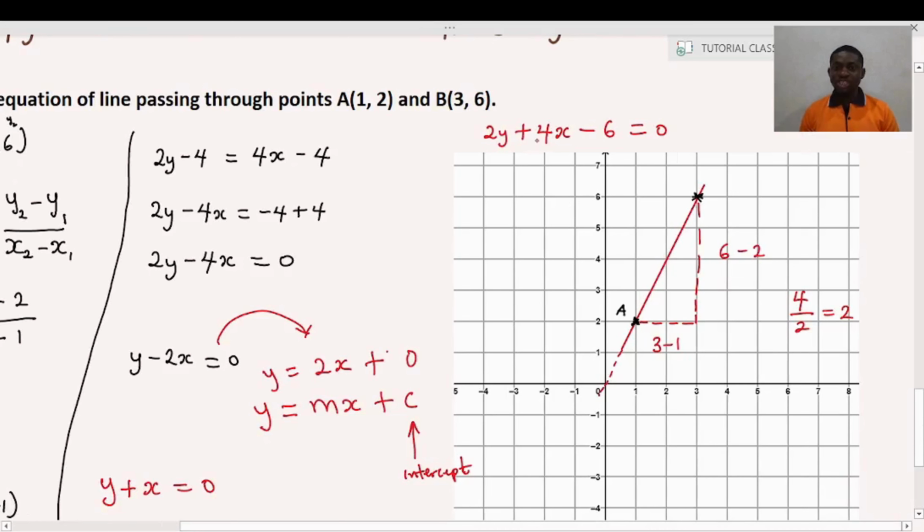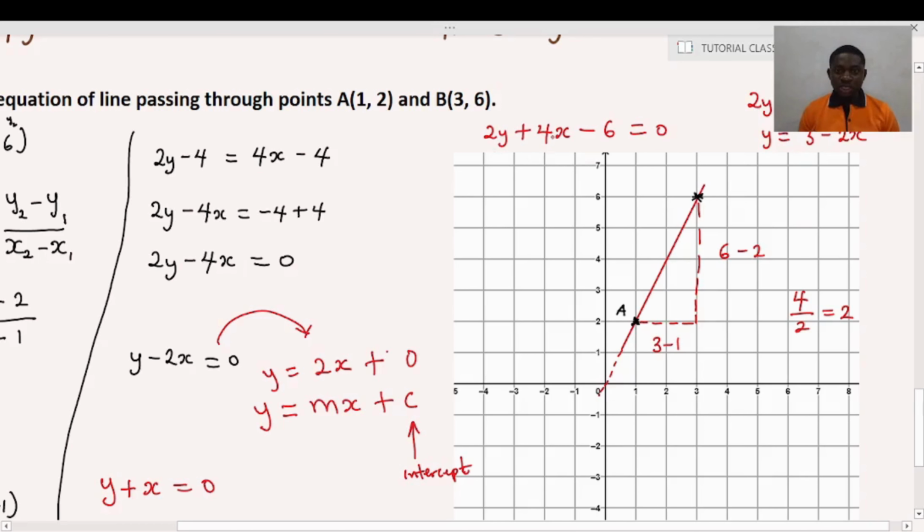What you need to do is make y the subject of the formula from this. So it becomes 2y equals 6 minus 4x. Divide through by the coefficient of y here, which is 2. You have y is equals to 3 minus 2x.